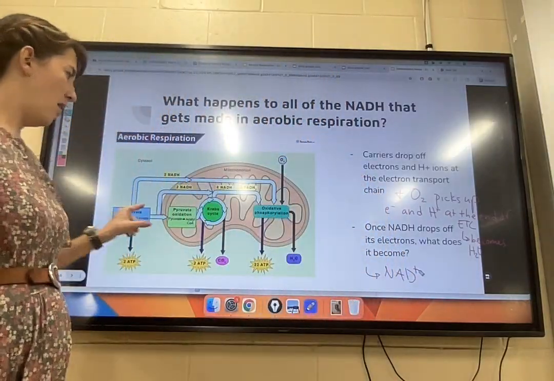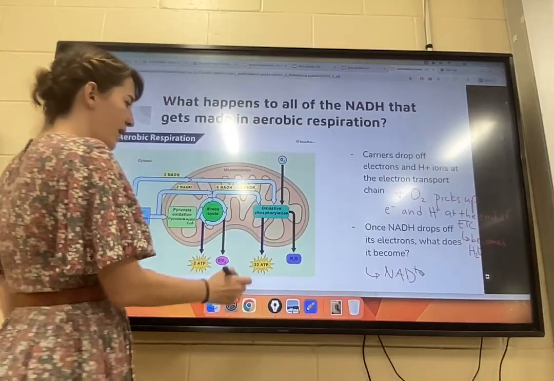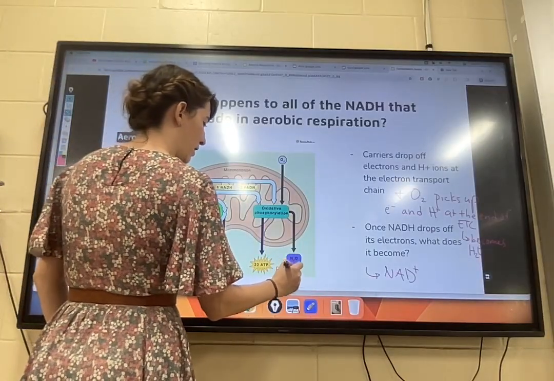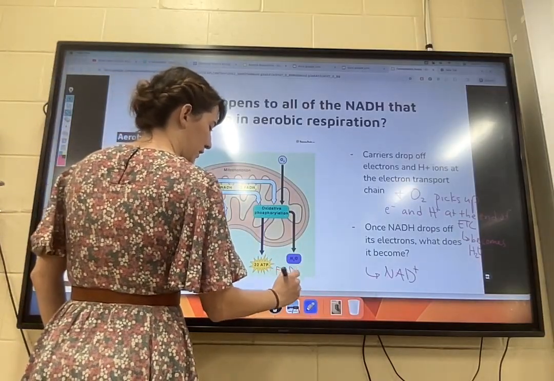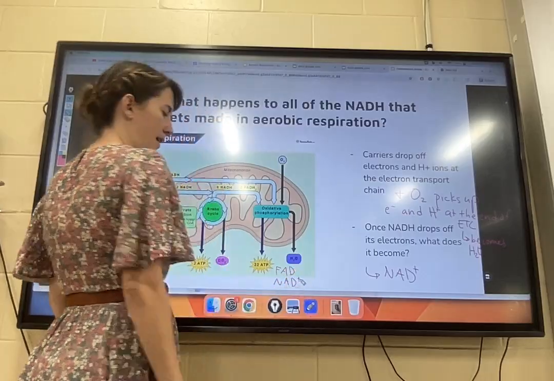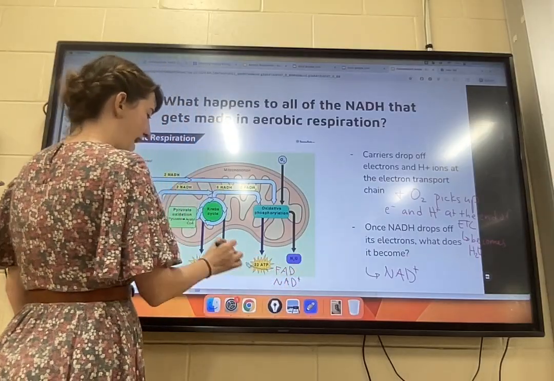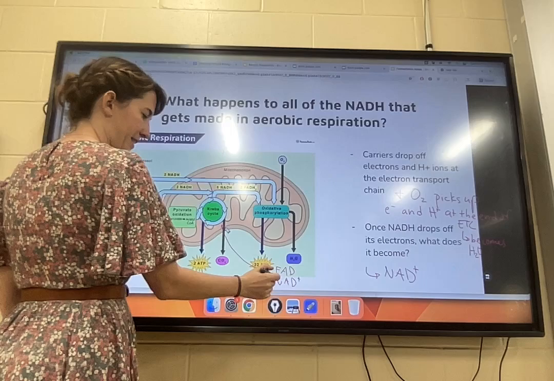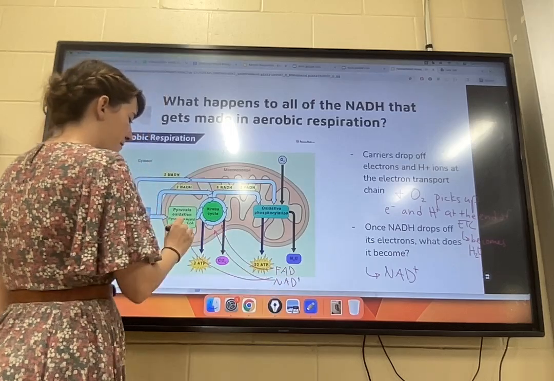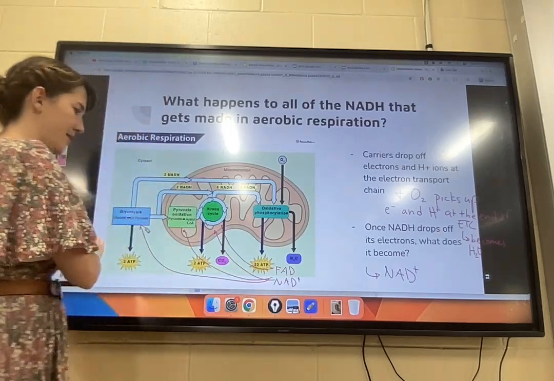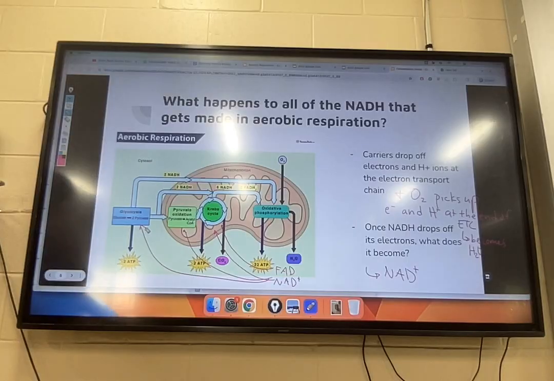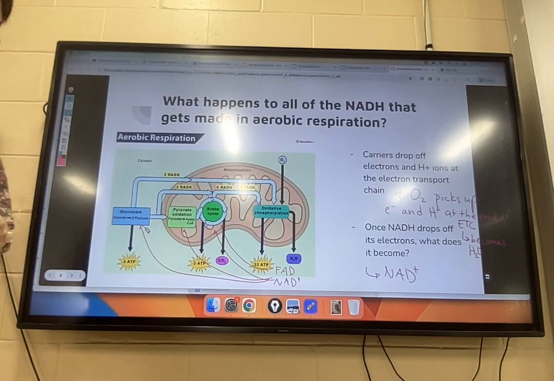Okay, so all of these things that we built up, we get back our FAD and our NAD plus after they've dropped off their electrons they were carrying, so they can go back and participate in the citric acid cycle, or pyruvate oxidation, or glycolysis. We have those electron shuttles that have now emptied themselves that could pick up something new, and we can go through this process with another glucose molecule.